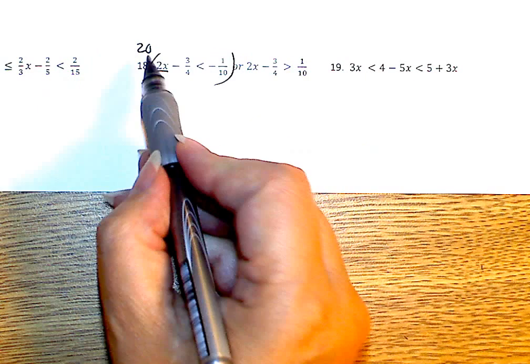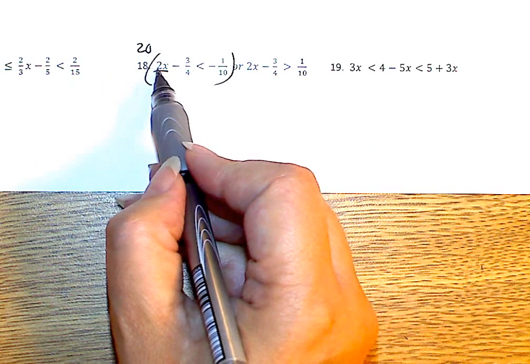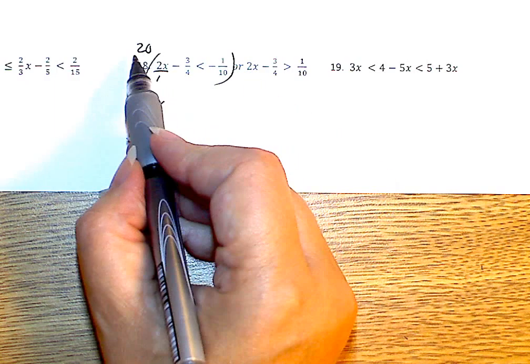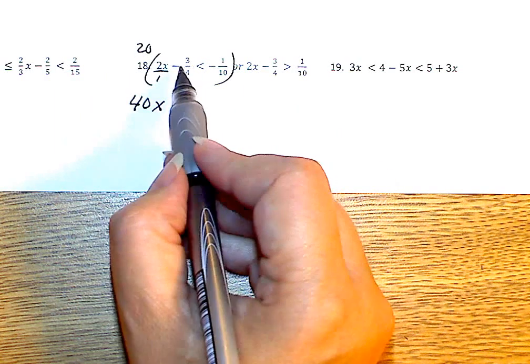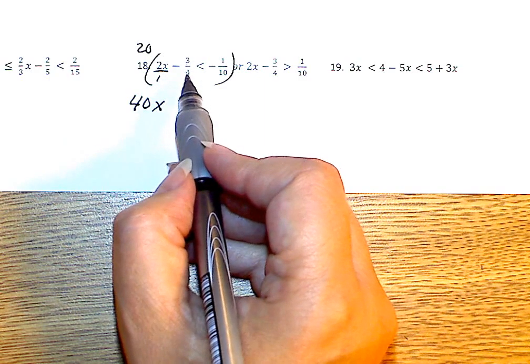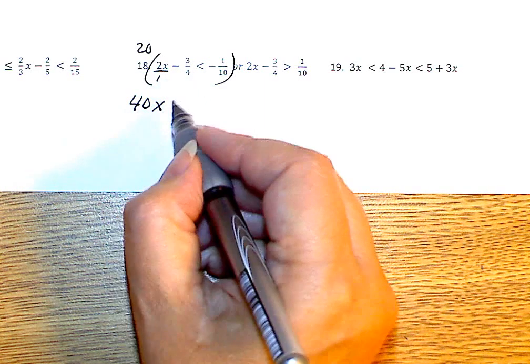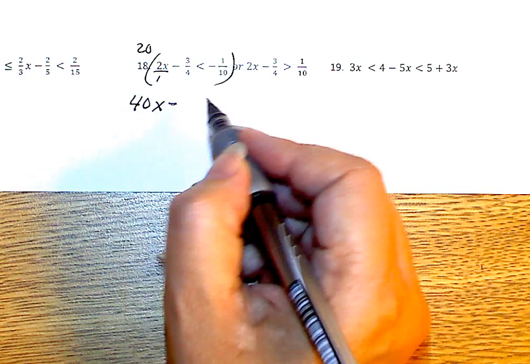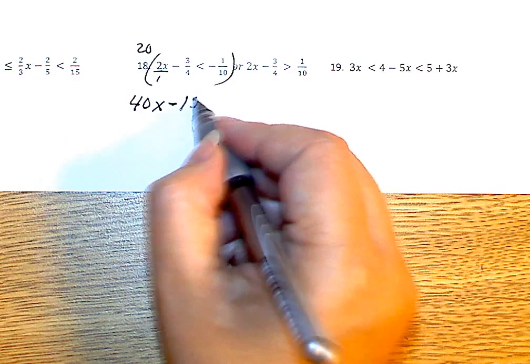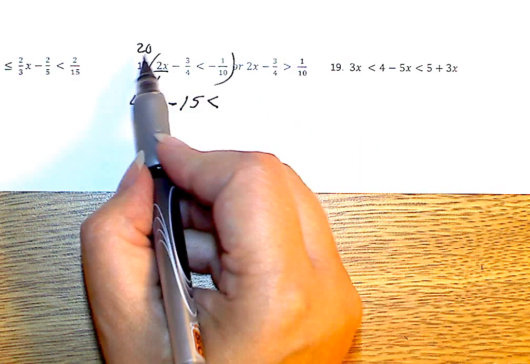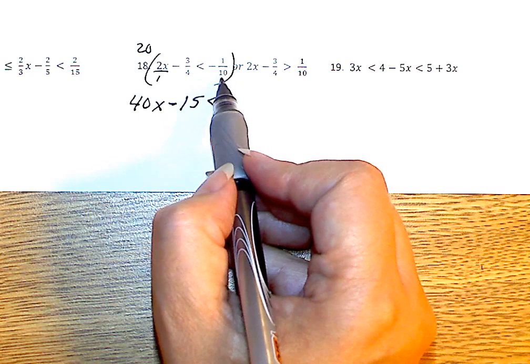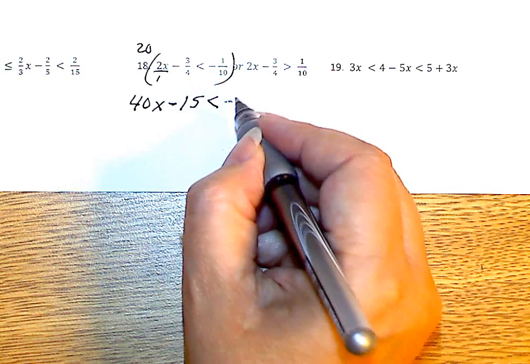So 20 times 2 gives me 40x. What do I have to do here? I go 20 times 3 divided by 4. So it's going to be negative 15, which is less than 20 times 1, which gives me 20 divided by 10 gives me a negative 2.